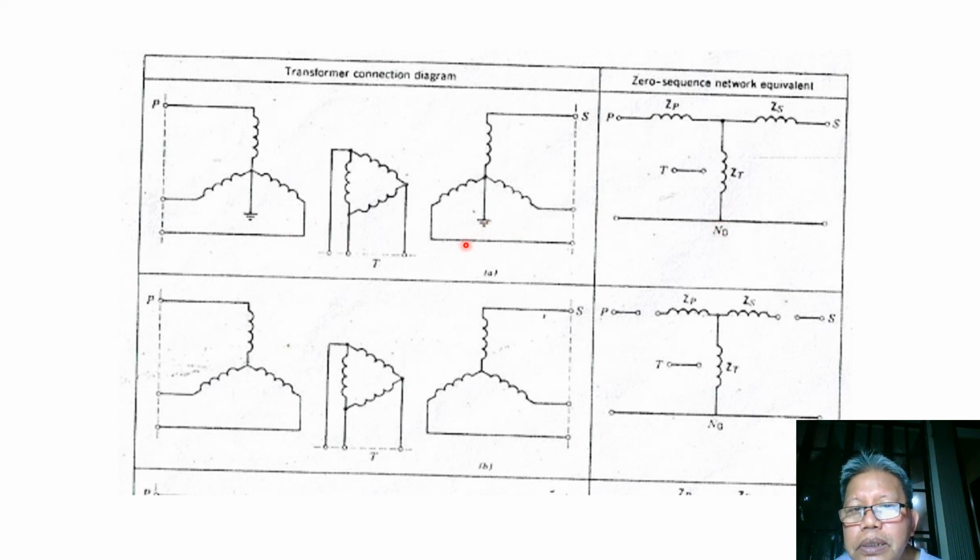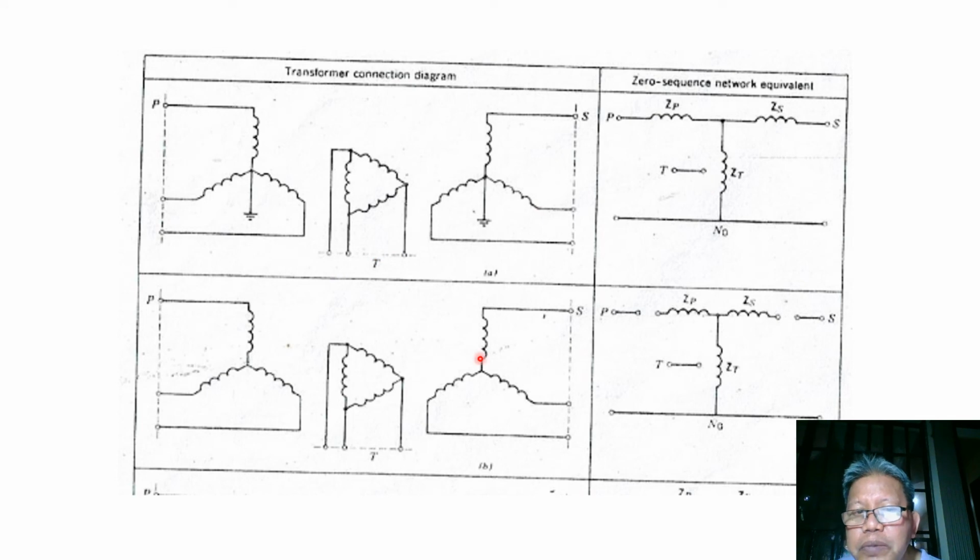Now we have this as the ground or reference bus. So zero sequence current can also flow through this tertiary impedance. But with respect to the terminals of our tertiary windings T, it is open because we have a delta connection, so zero sequence current cannot flow to the terminals of our tertiary.